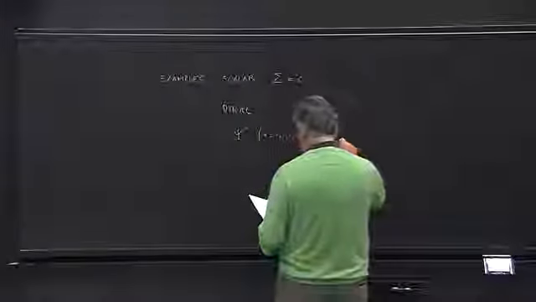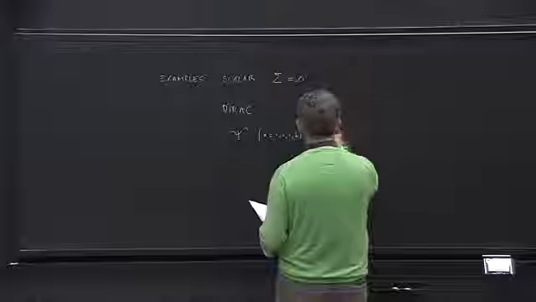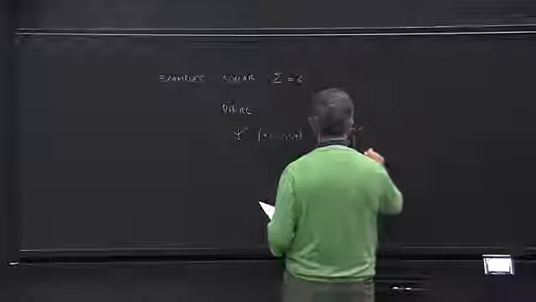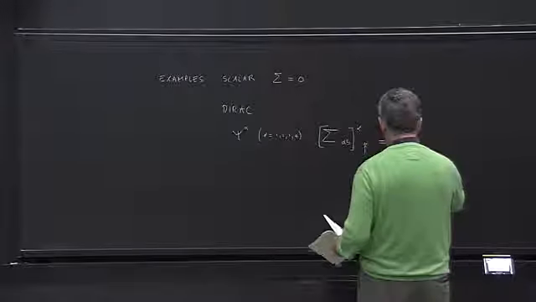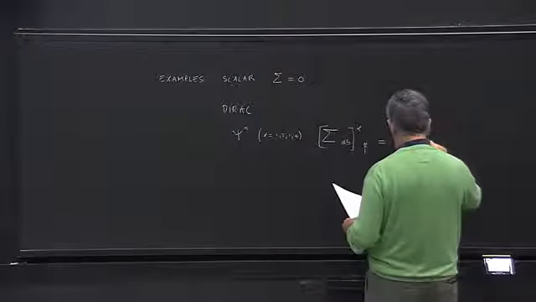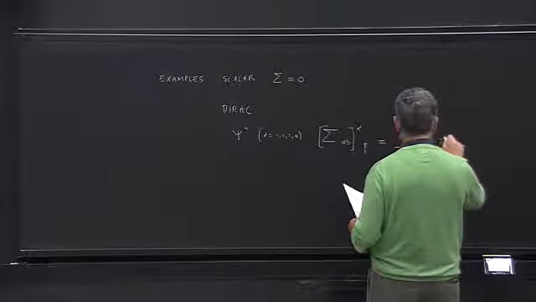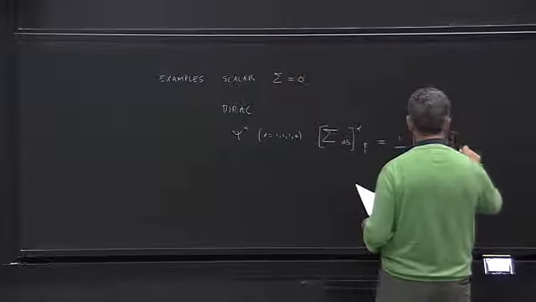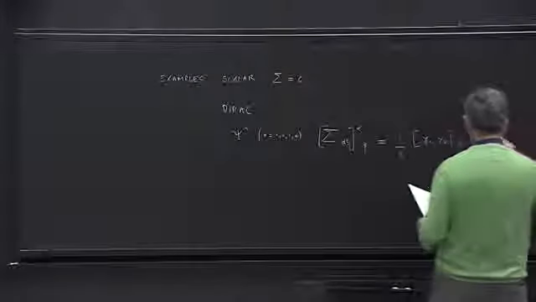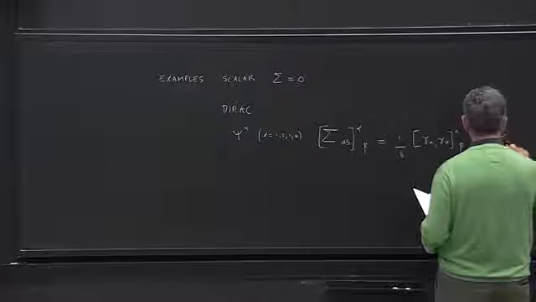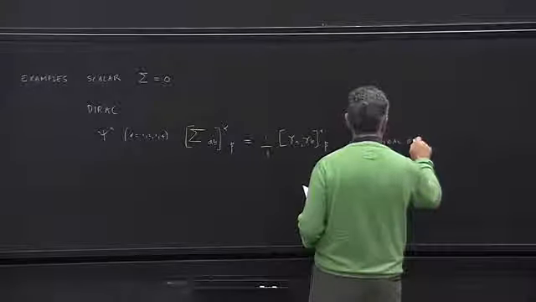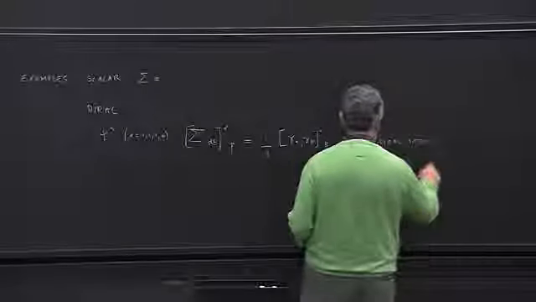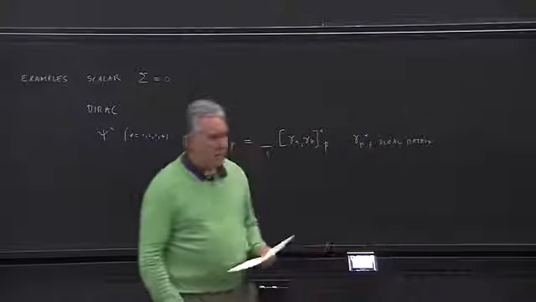Then sigma AB is a matrix which is 1/8 times the commutator of gamma A, gamma B, with indices alpha beta, where gamma mu alpha beta is the Dirac matrix. Have you met Dirac matrices?